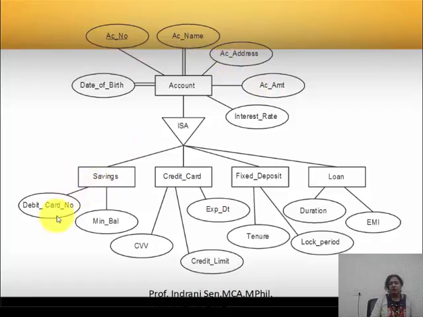Apart from that, it will have debit card number and minimum balance, which are the specialized attributes. Similarly, a credit card, apart from having the account number, name, address, will also have a CVV number, credit limit, expiry date, etc. So in this way, we can model a hierarchical kind of model with the help of an ER diagram.